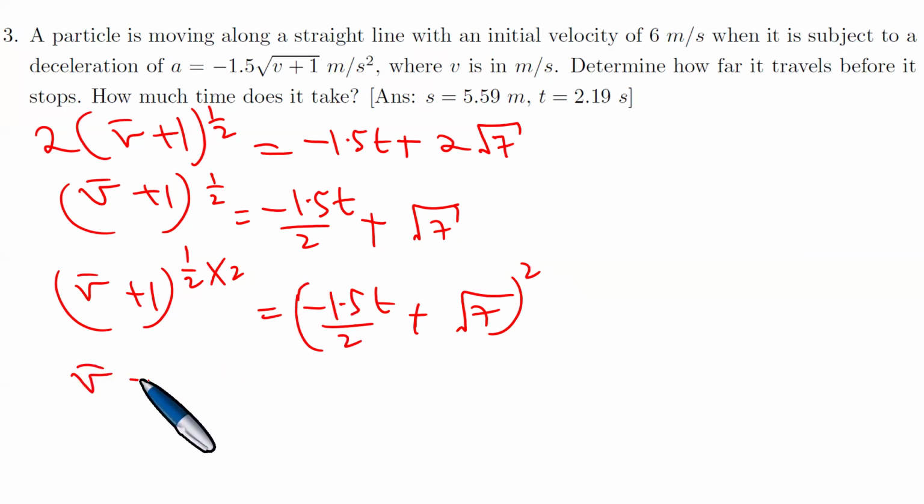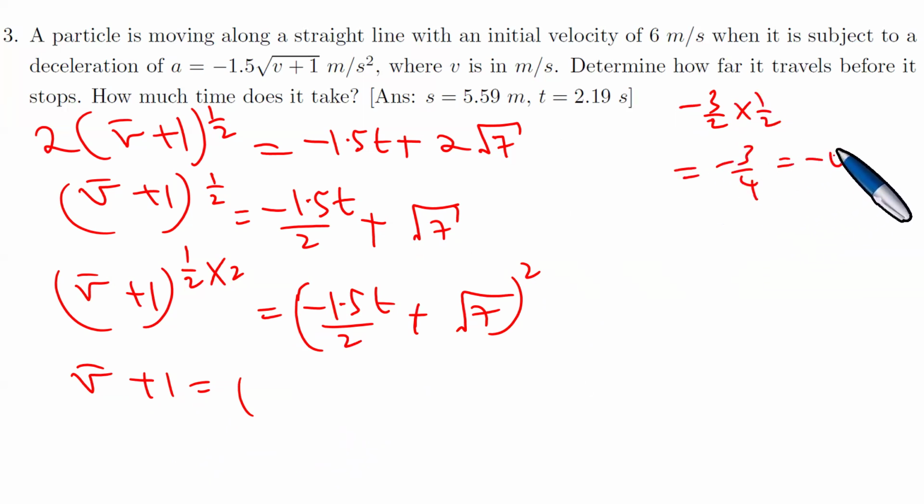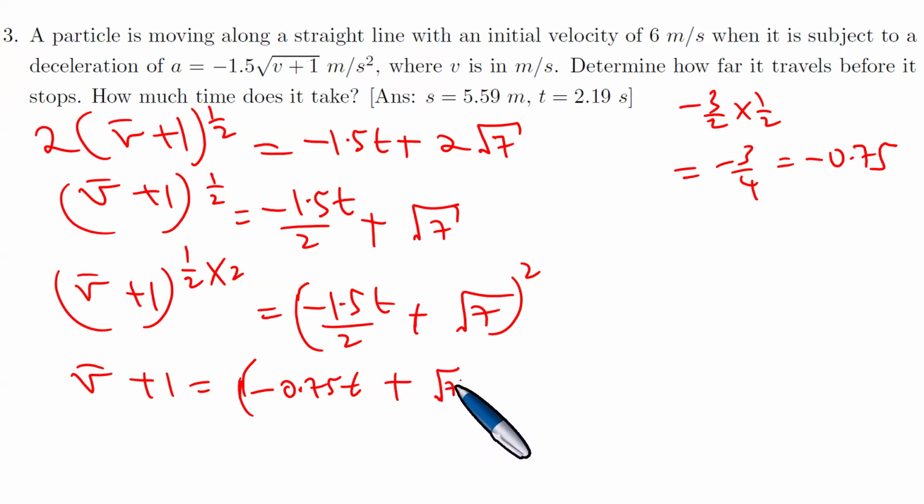Upon squaring both sides, you have V plus 1 is equal to, okay, 1.5 is 3 out of 2. You divide it by 2, the same as multiplying by 1/2, so it's minus 3 over 4. Minus 3 over 4 is minus 0.75. So the minus 1.5 divided by 2 is actually minus 0.75 the time plus the square root of 7, and then you square everything.